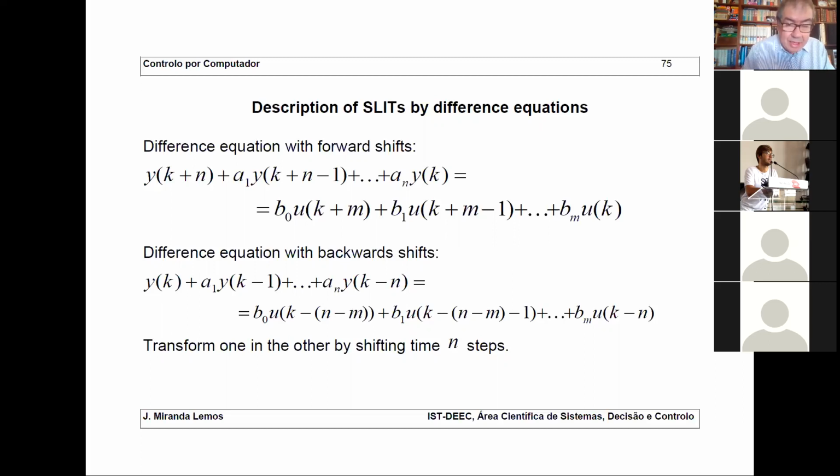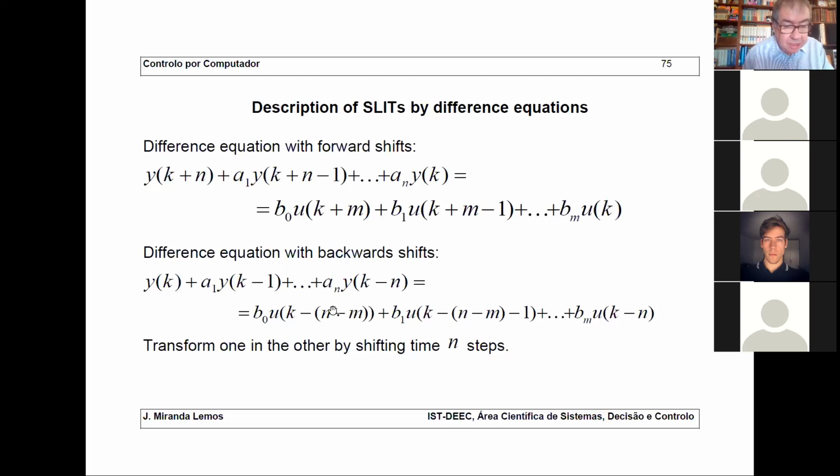Now, tell me a condition such that the system is non-causal, that is to say, the system reacts to inputs that will appear in the future. M bigger than n. If m is bigger than n, this term becomes negative, minus becomes positive.